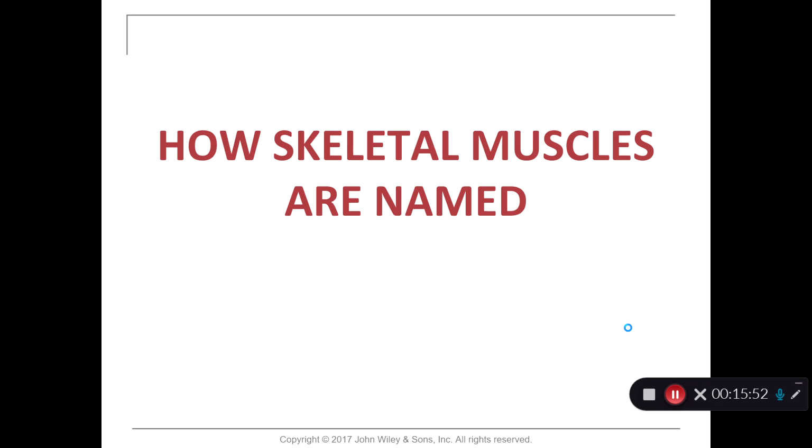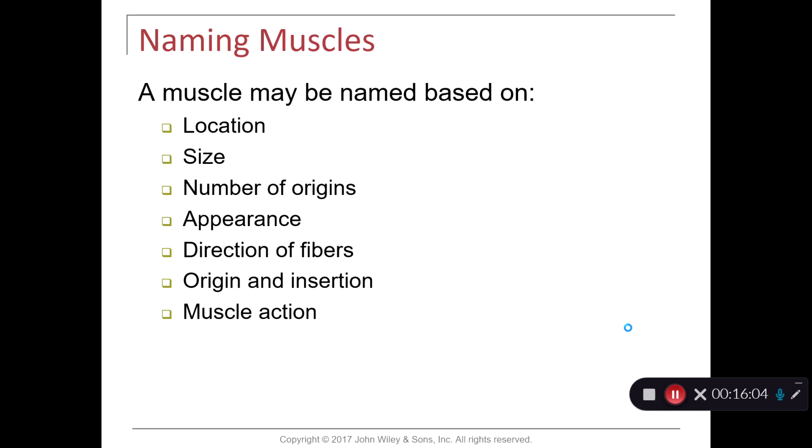We're going to go ahead and end on how skeletal muscles are named, and then we'll go into the varying muscles and identify some important characteristics of them. There are a number of descriptions that help us name things. Location is a huge one. You're going to see a lot in the head that uses location.